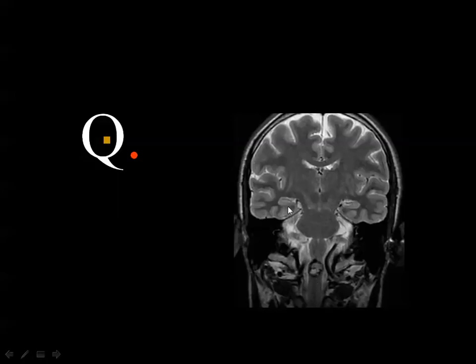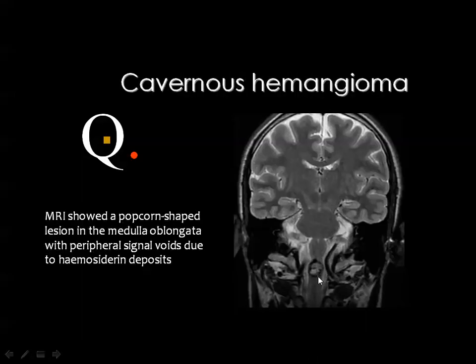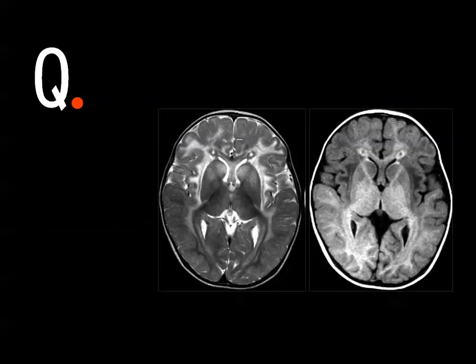Both the hippocampi are normal, and this is the lesion. The lesion is typical of cavernoma because of the hemosiderin rim and the high signal core. I have said that brainstem cavernoma does not present by seizures. It presents by brainstem symptoms.